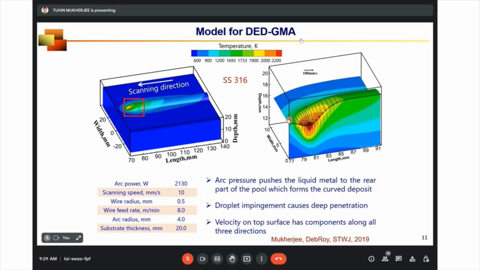Also, in DED-GMA, the molten metal from the electrode drops, and because of its weight, you can see a finger-like penetration. So both processes work together to define the shape and size of the molten region or the deposit for directed energy deposition GMA, which is also called wire arc additive manufacturing. In this case also you can appreciate that the molten metal flows along the curved surface.